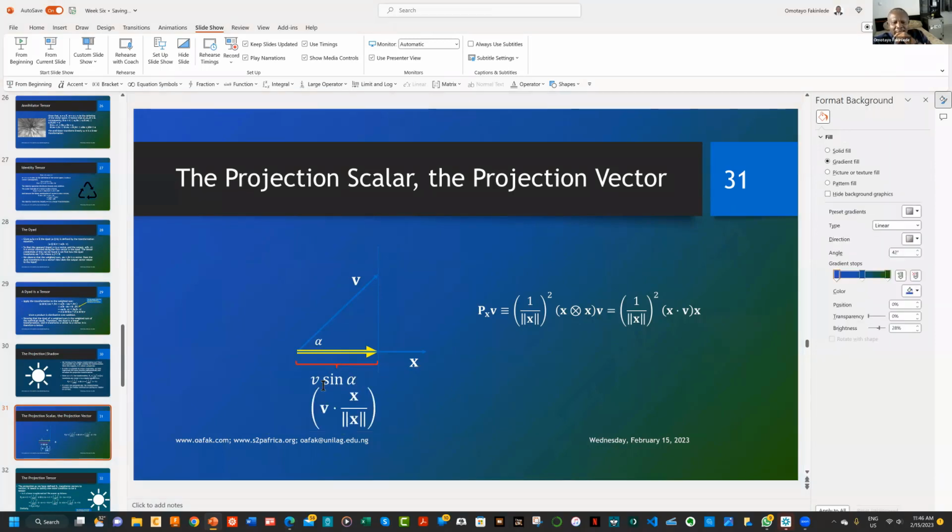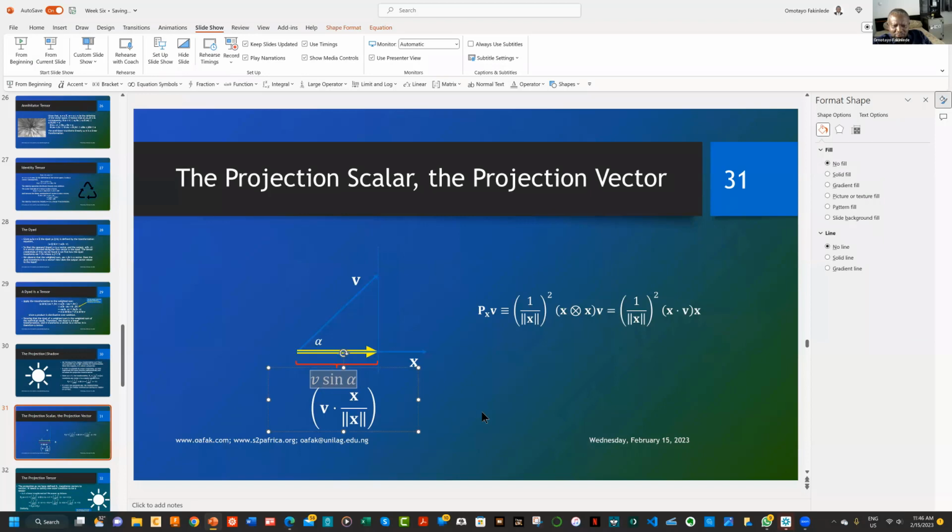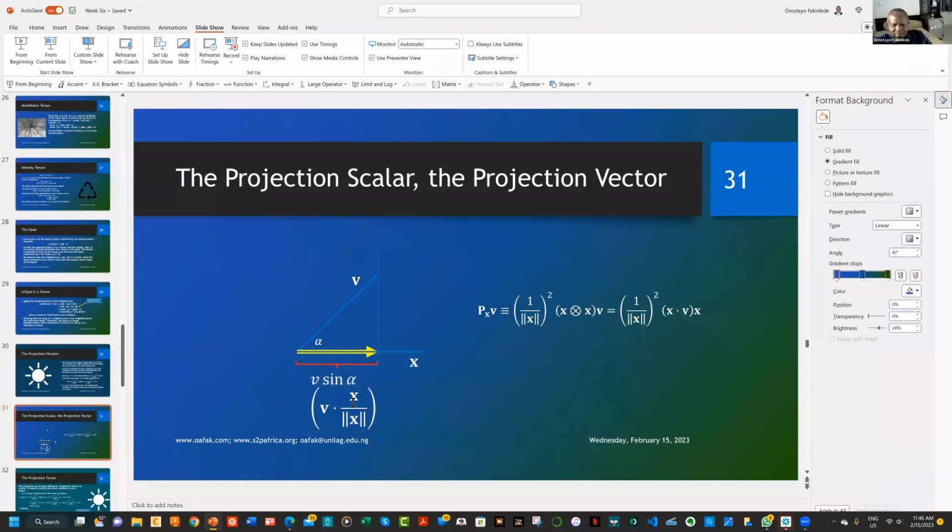I am claiming that this quantity is the same thing as v dot x over the modulus of x. This scalar quantity we have here, that is v dot x over the modulus of x. Let me see what the class thinks. I'm talking of the mathematical calculation.